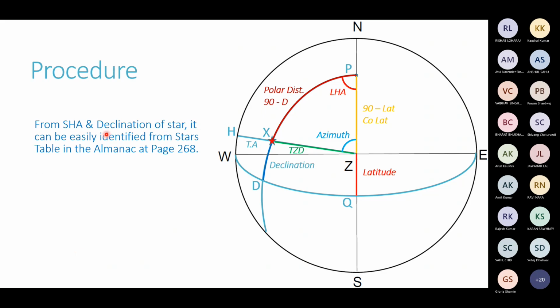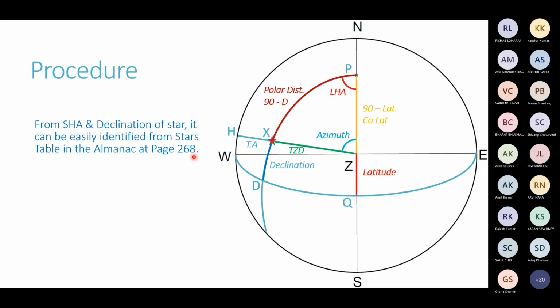Now from the SHA and declination which we have obtained, we can easily identify the star from the star's information table given in the almanac. The star information table is given at page number 268.